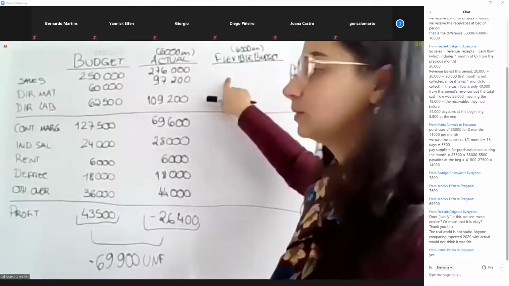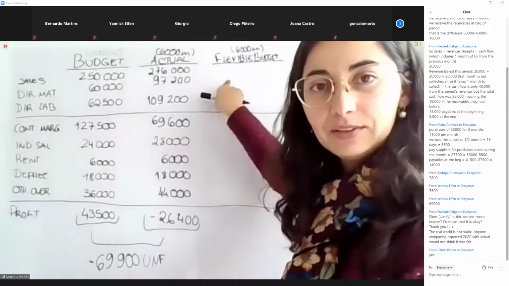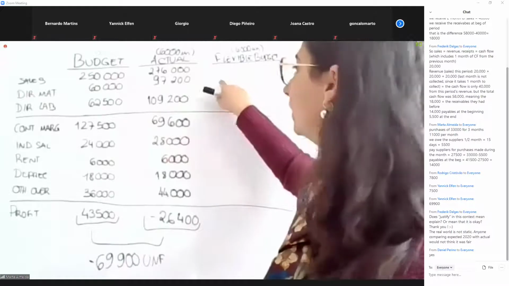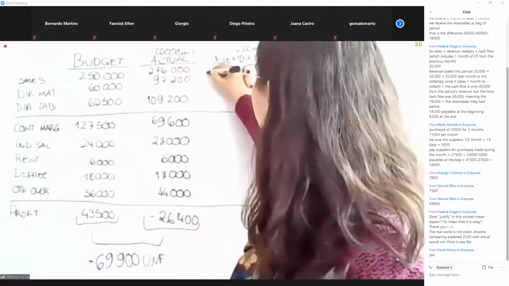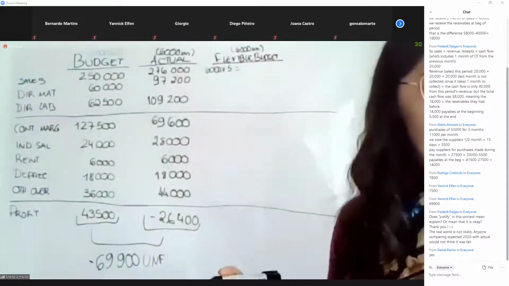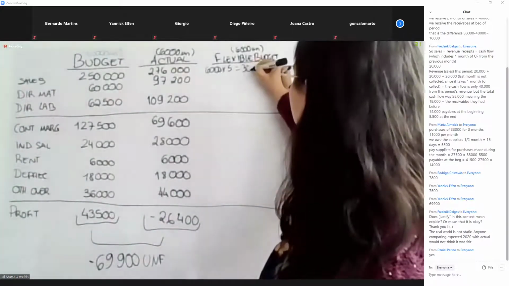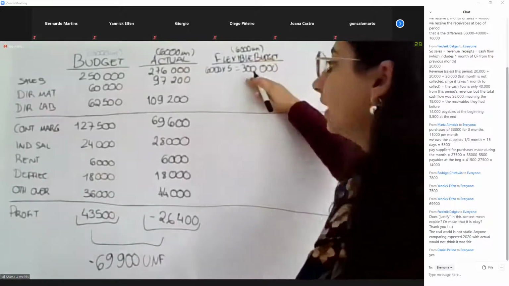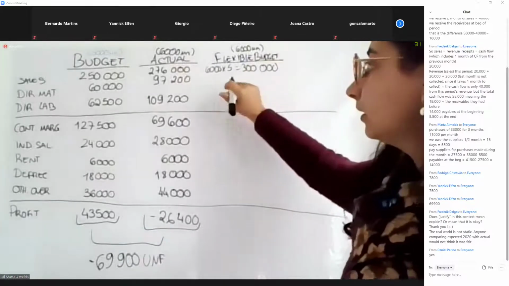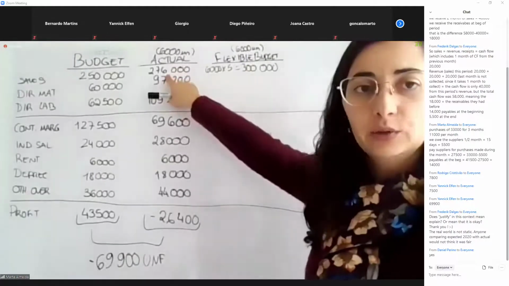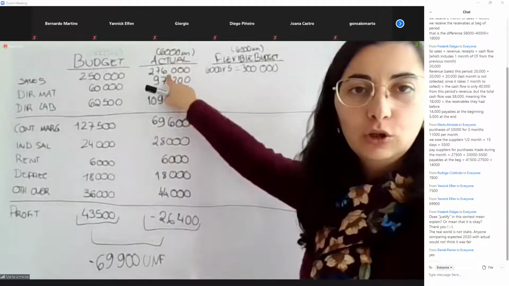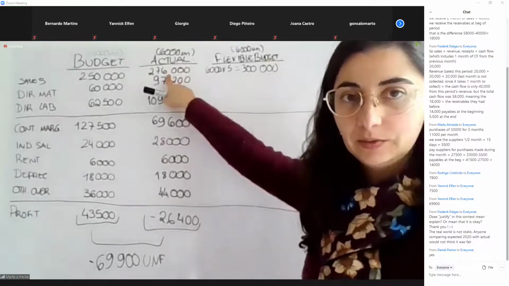Here we have the same expected price, 50 pounds, but the actual quantity, 6,000. 6,000 times 50 gives us 300,000. So this is what the sales revenues should have been, 300,000. They were actually 276,000, and that was because we sold at a lower price than what was expected.